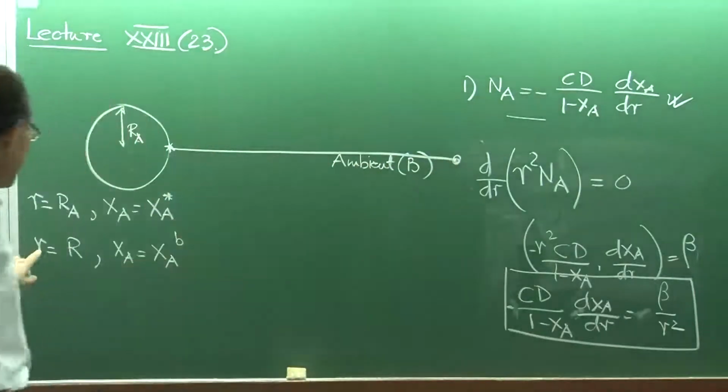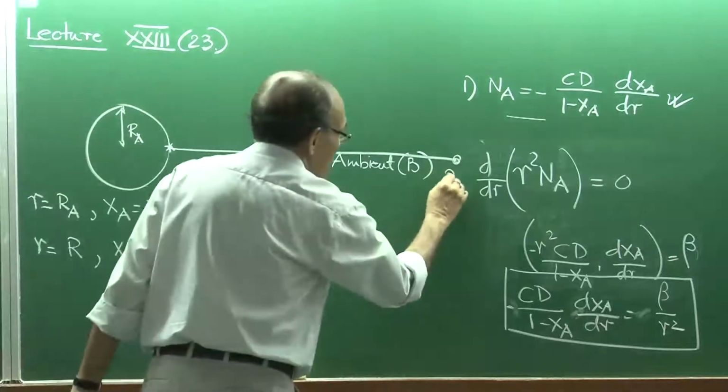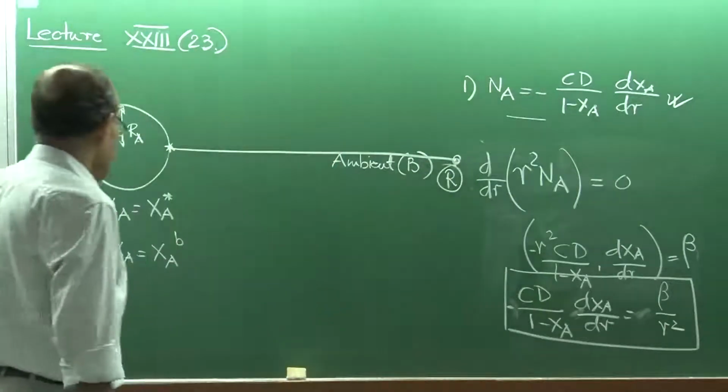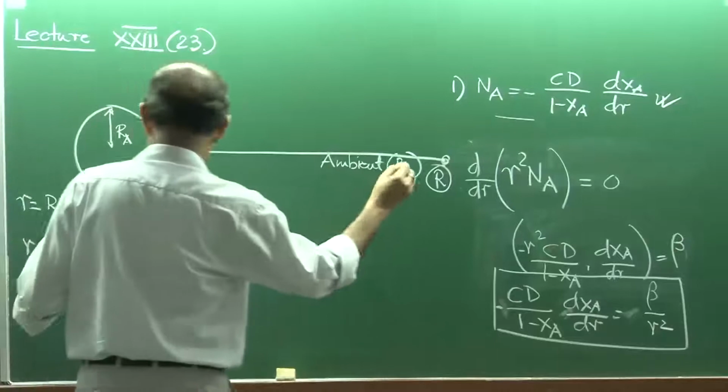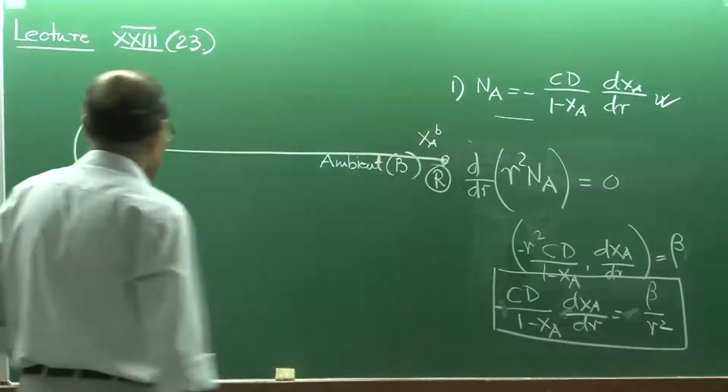One could put that as r tends to infinity, x a is equal to 0. That is also a possibility. So this is the capital R here, and in this particular case we have the concentration x bulk.